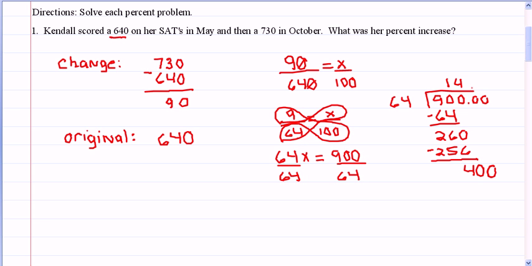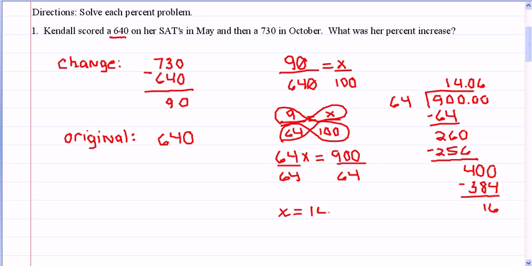And if I take 6 times 64, I have 384. And I'll stop here with a remainder of 16 and say that x is equal to 14.06.